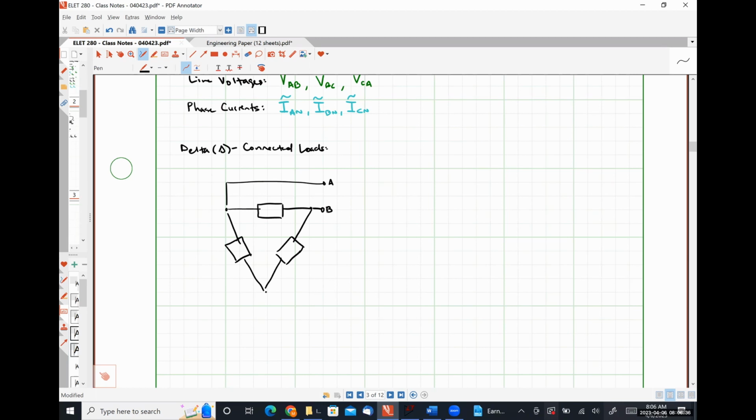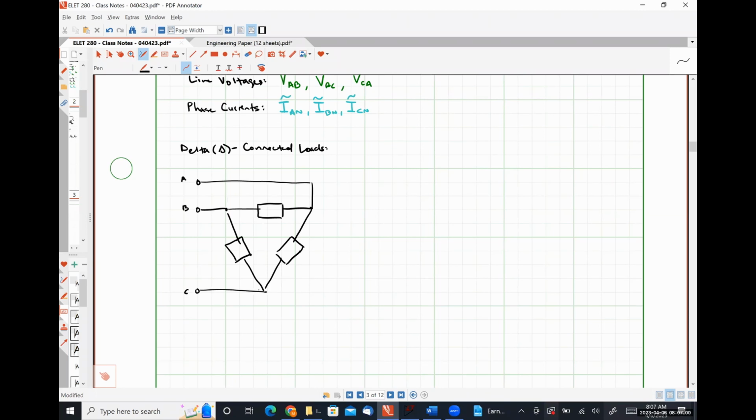This will be our B terminal. Actually, I'm usually referring the load quantities over to the left. A, B, and C, like so.